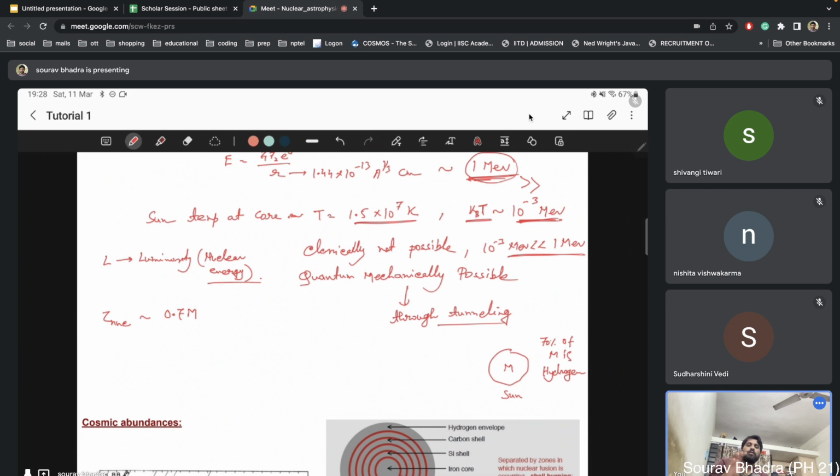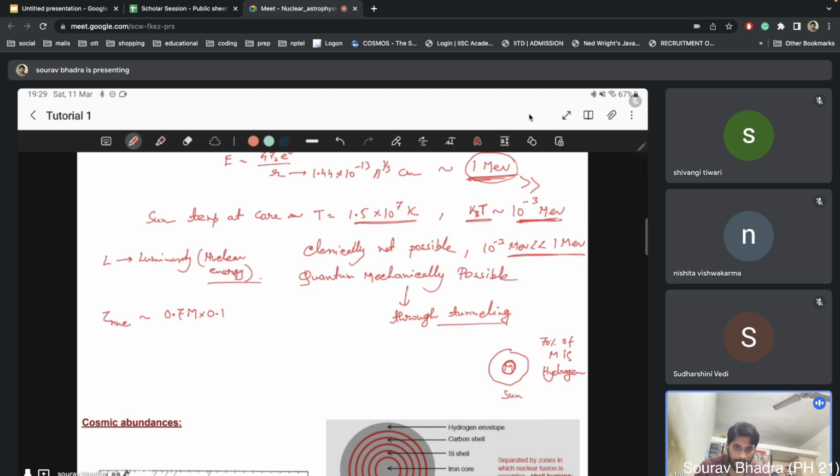Of this 70%, we consider that 10% is in the core and the other 60% is in the envelope. If you divide the star into core and envelope, the envelope has 60% and the core has 10%, some value I am taking. So it will be multiplied by 0.1, because 10% of the total mass is in the core, and that core is burning.